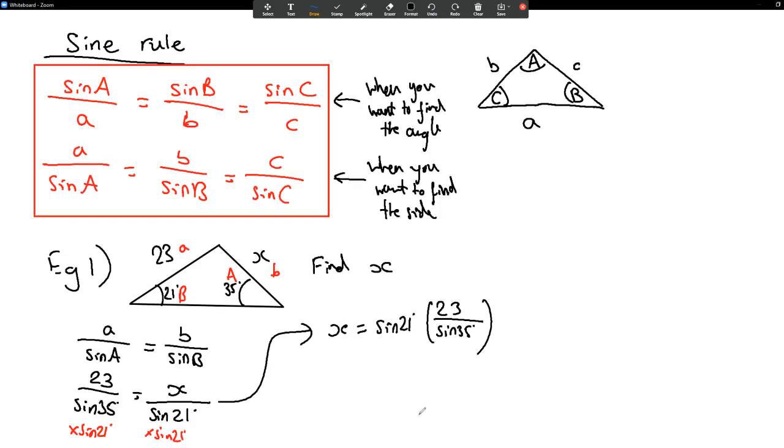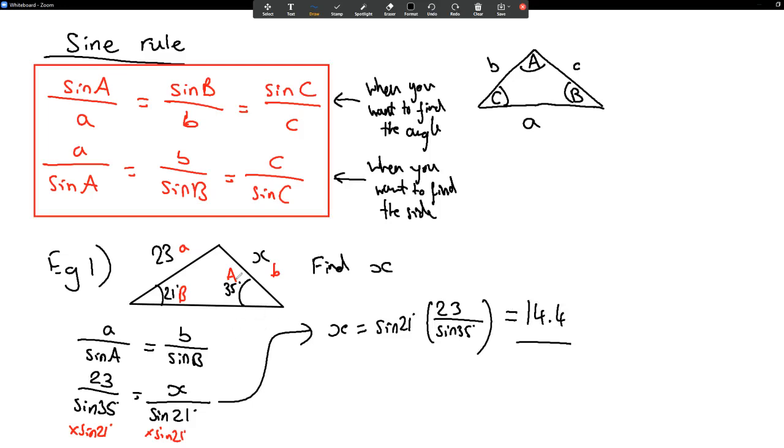And now if you put that into your calculator, you'll get the side length to equal around about 14.4, right? And that will be your length of x.